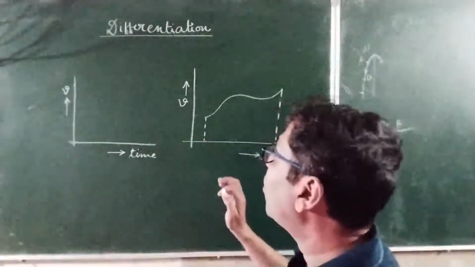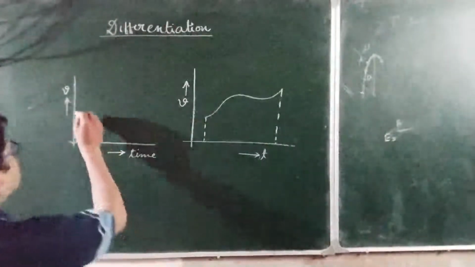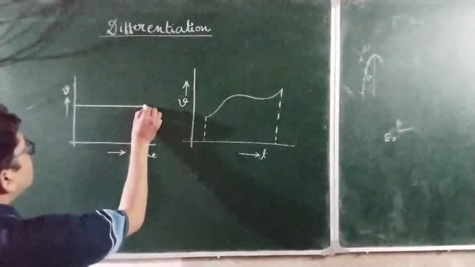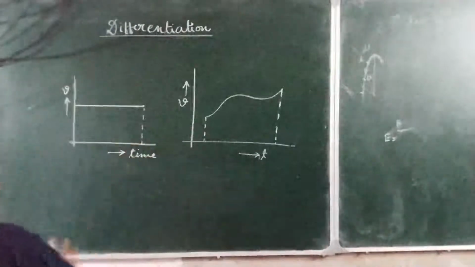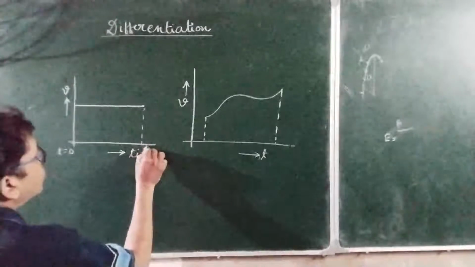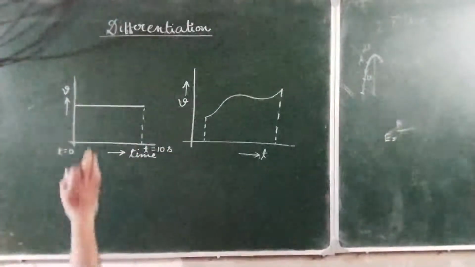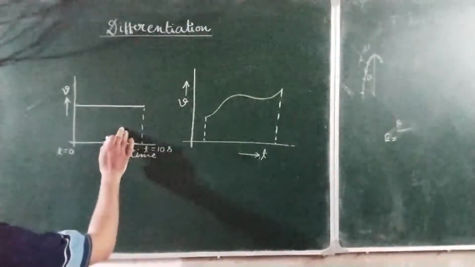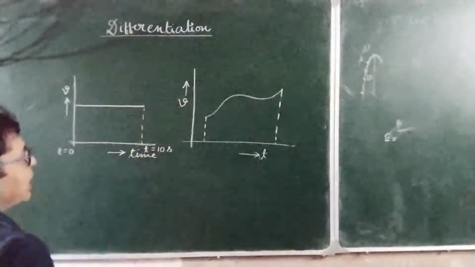Suppose I have already taken two examples. Suppose this is a graph that shows a particle's velocity up to a certain time. Suppose here t is equal to 0 and here t is equal to 10 seconds. In the first graph, it is clearly seen that the particle is traveling with uniform velocity up to 10 seconds.